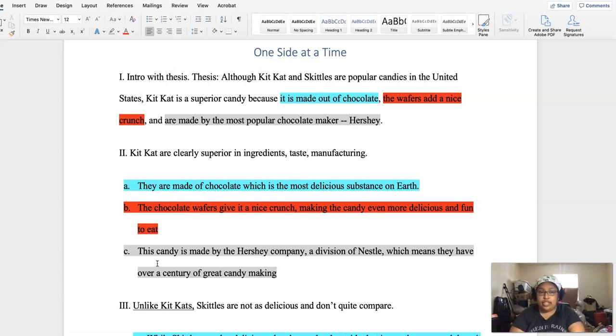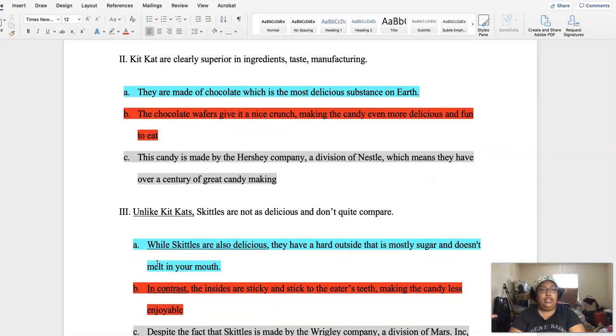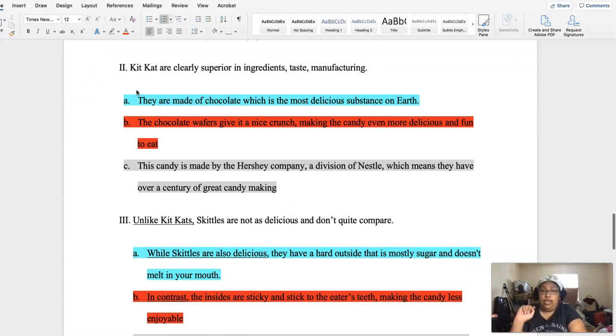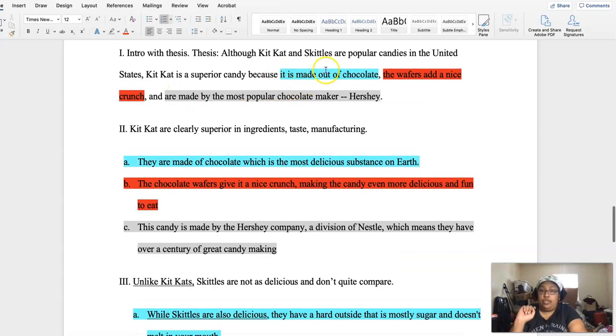So the first thing I'm going to talk about in the Kit Kat section, which is all one paragraph, right? Because this is paragraph 2 in the essay, so this is all in one paragraph, is that they're made out of chocolate. And that goes with the first item in the thesis. Then I'm going to talk about the wafers and how wonderful and satisfying it is to crunch on the wafers, right?